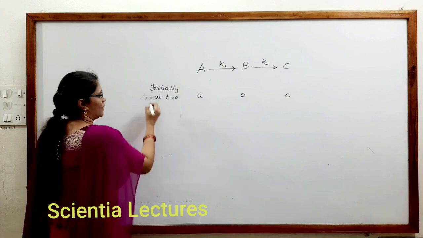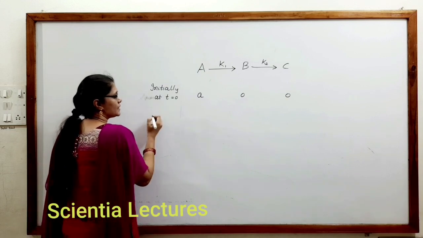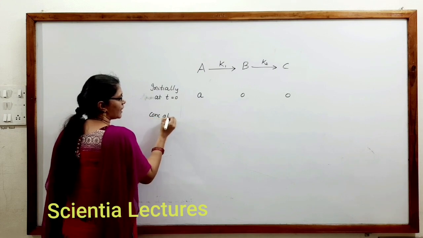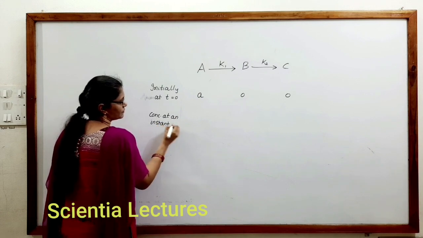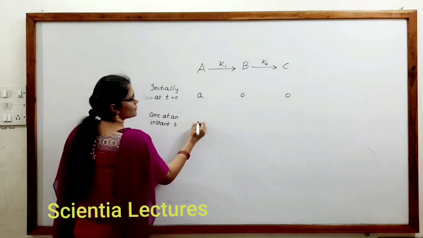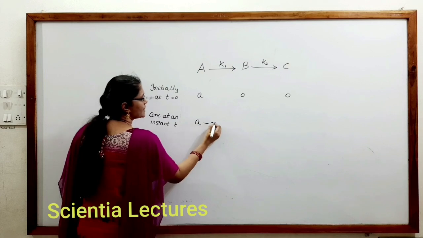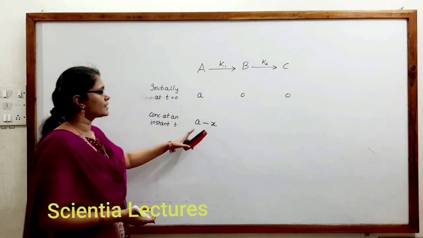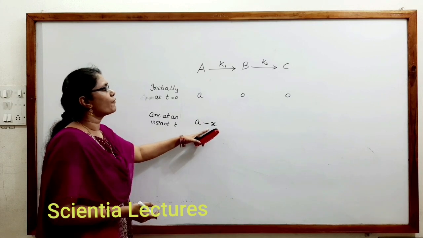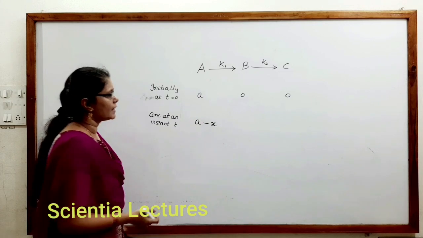Now let us consider the concentrations at an instant T. If some amount x has reacted, the amount of A remaining is a minus x.